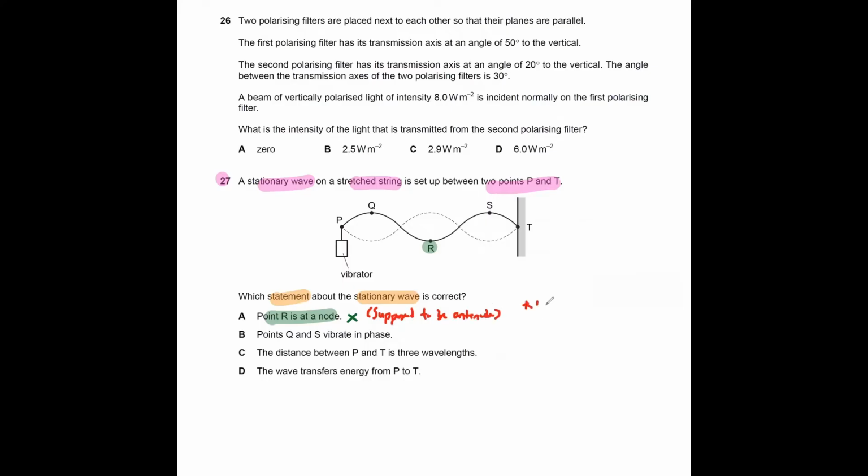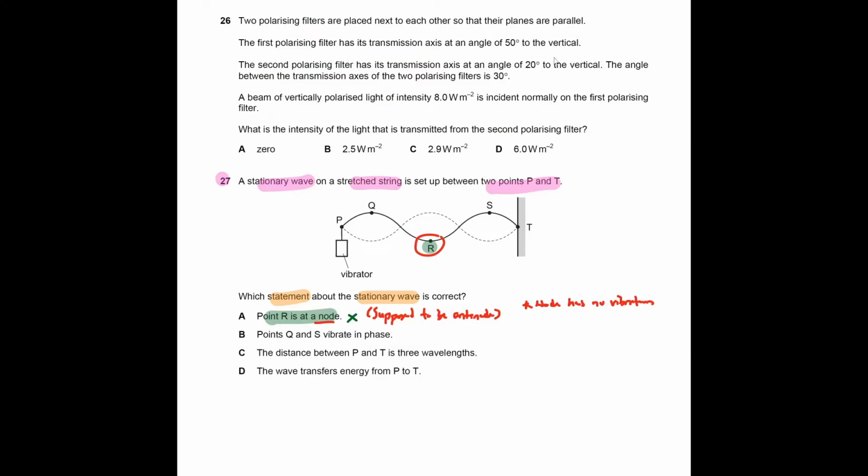In the first place, a node has no vibration. Because you see R here is showing that the point has vibrated. So this one definitely cannot be my node. Instead, it actually is your anti-node because it's right in the middle here.